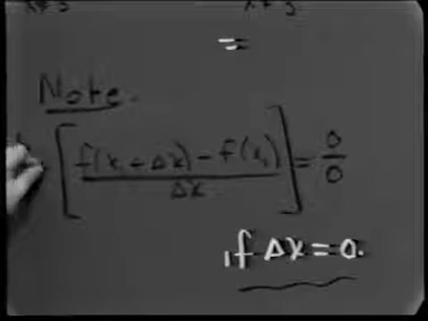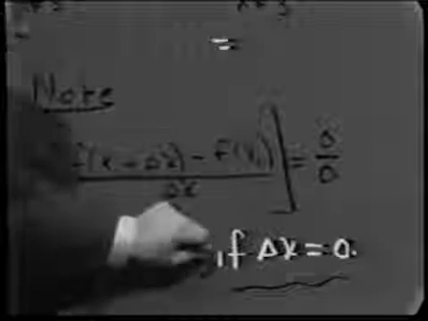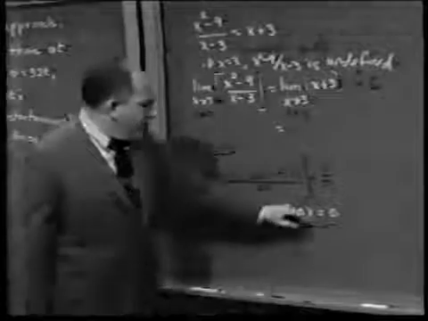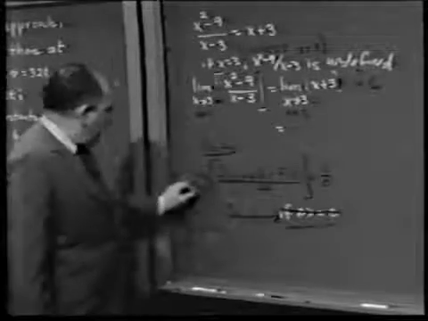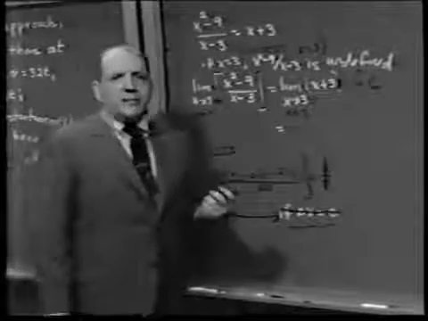In other words, you are going to get 0 over 0 if you believe that all this means is to replace delta x by 0. You see, the point is, this is not the definition of this, and this is why you don't wind up with this particular thing.